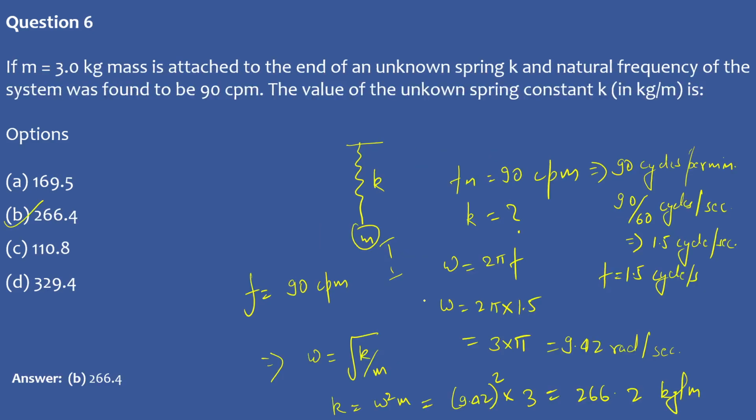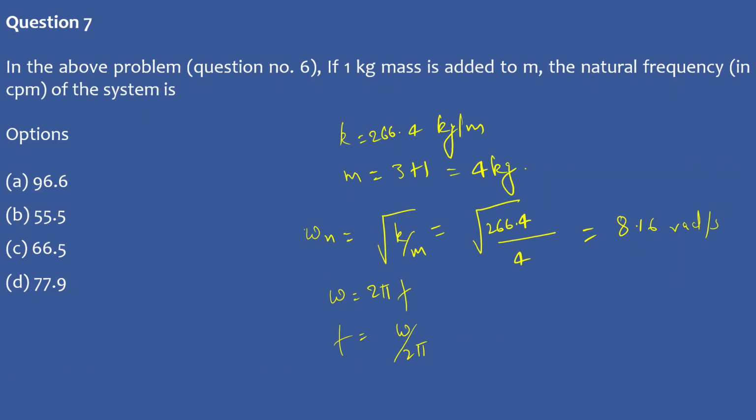Are we making an issue with some units? So it's K by m, omega n is none other than the root of kg per meter, the mass will get cancelled. So your f is omega by 2 pi.